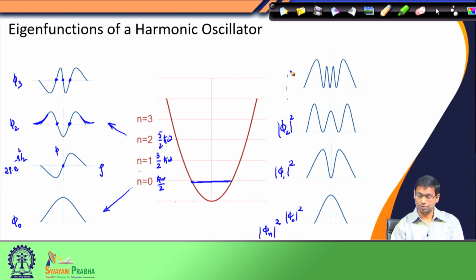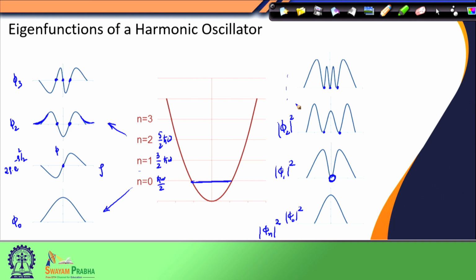One thing that you notice is that again the nodal structures can be found. This is the probability density, and at this point it becomes 0. So, these are the points where you have a node, because that is where the probability density vanishes, and these are the probability densities corresponding to the wave functions of the harmonic oscillator.